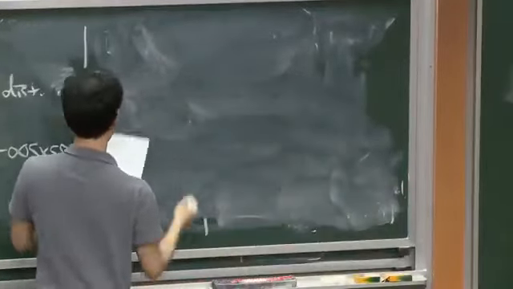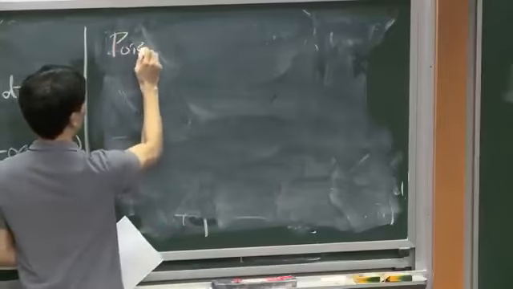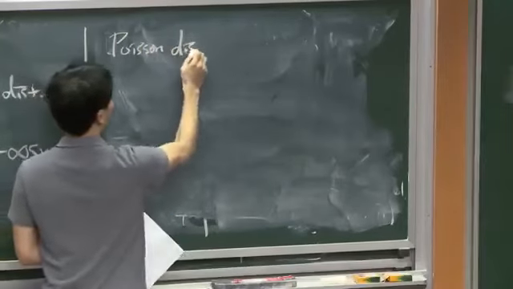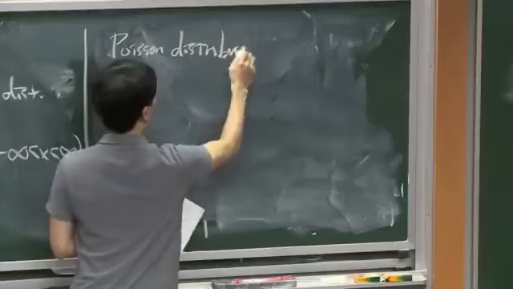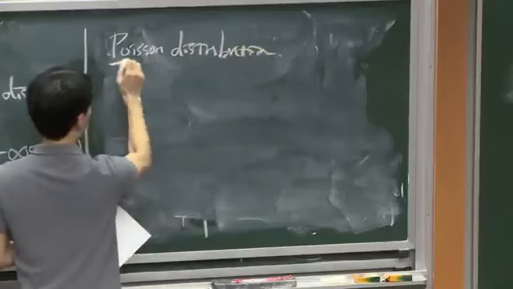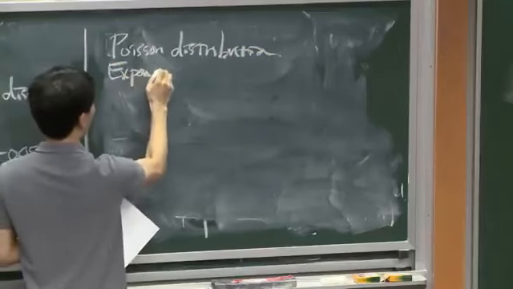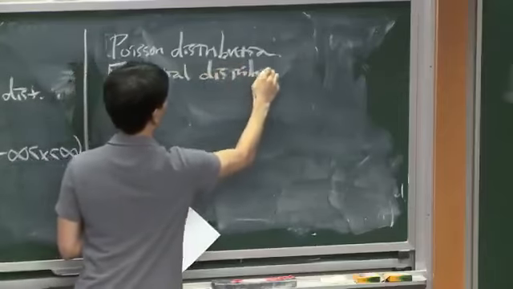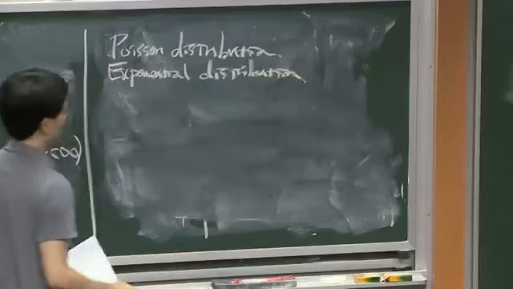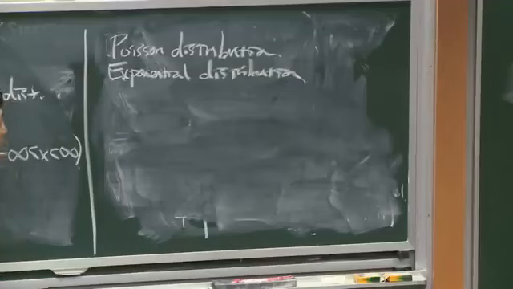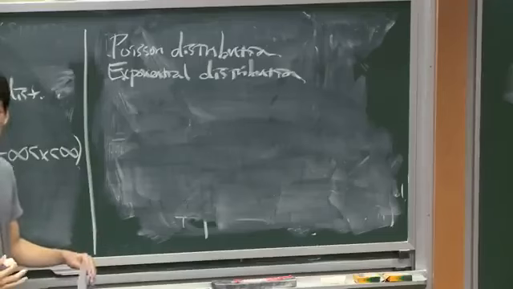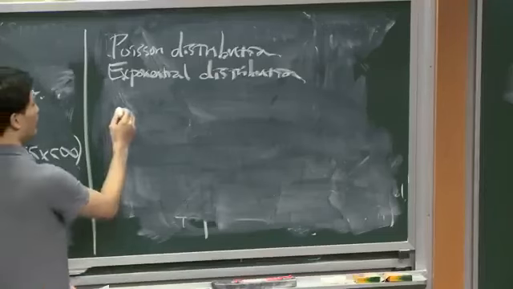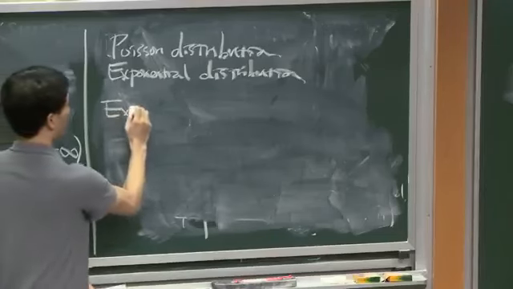There will be some exercise questions. For example, you have the Poisson distribution or exponential distributions. These are some other distributions that you'll see. And all of these, normal, log normal, Poisson, exponential, and a lot more, can be grouped into a family of distributions called the exponential family.